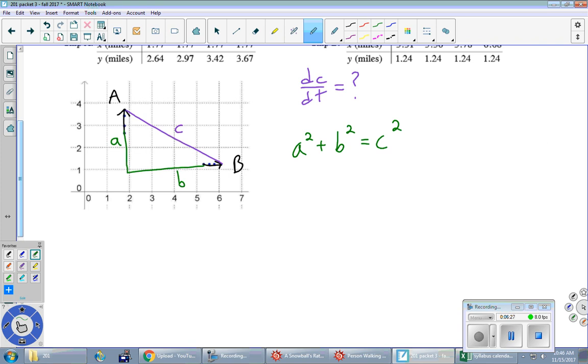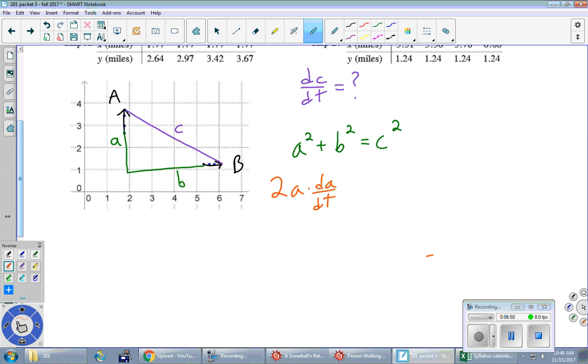Okay, so let's take a derivative here. What is the ordinary derivative of A squared? It's just 2A. But this is no ordinary A. This is an A that changes based on time. Time is the underlying variable. So it's not just 2A, what is it? 2A times dA/dt, right? That is the chain rule. That is the derivative of the stuff. A is our stuff.